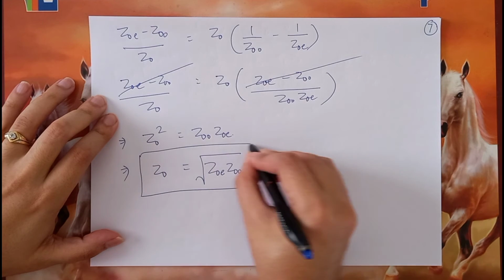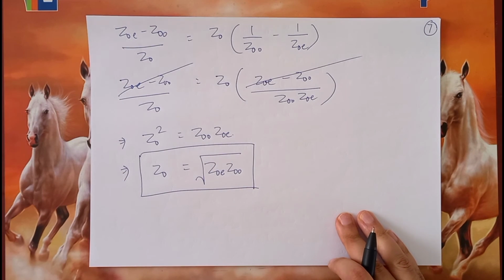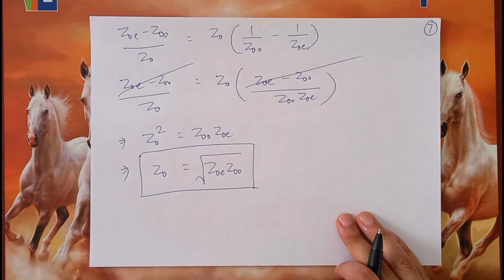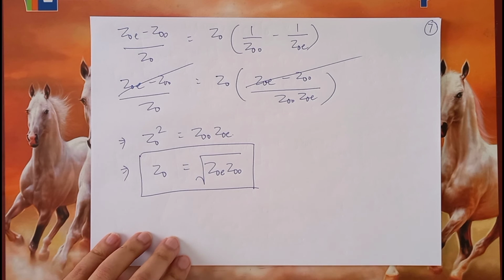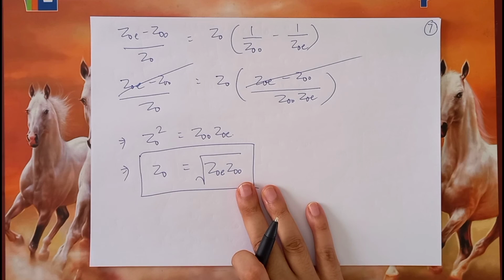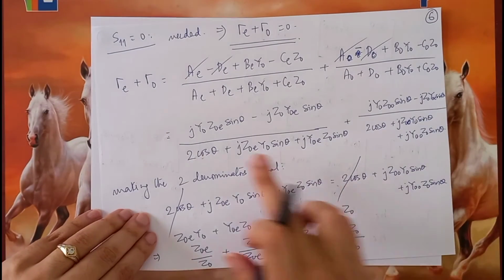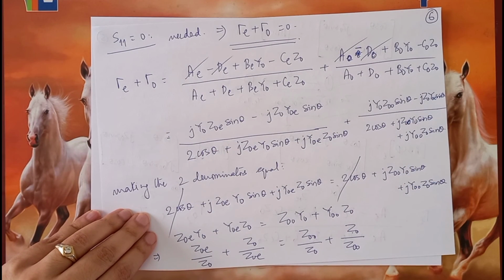This is needed to make the denominators of that huge equation quite easy. Now what we can do is the following. Now that the denominators of this huge expression are the same, we can simply add the two numerators.